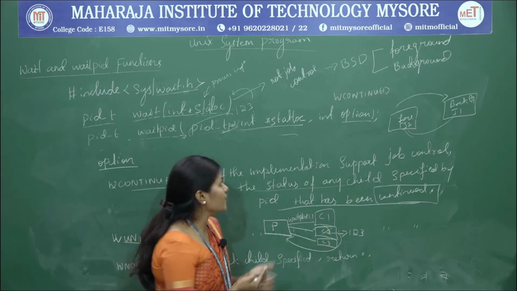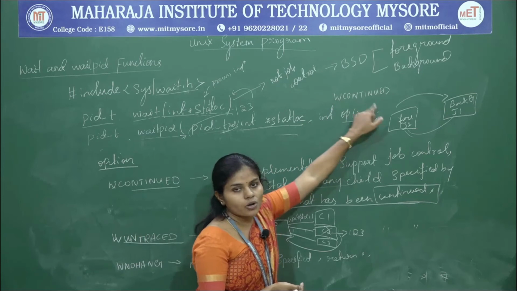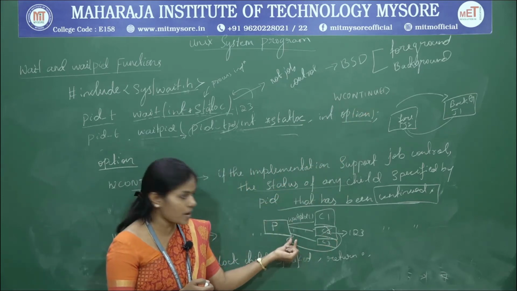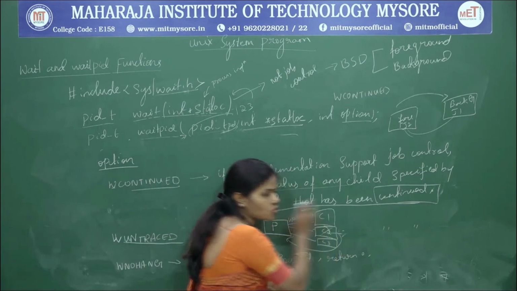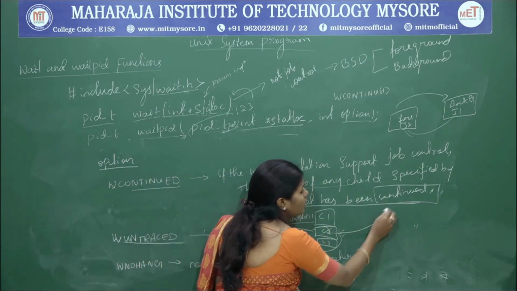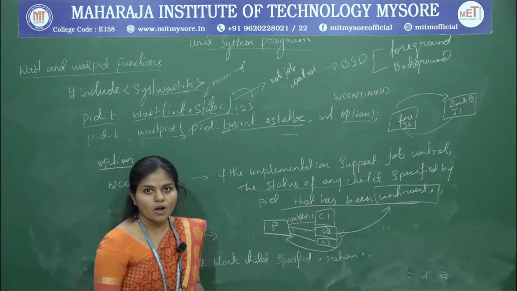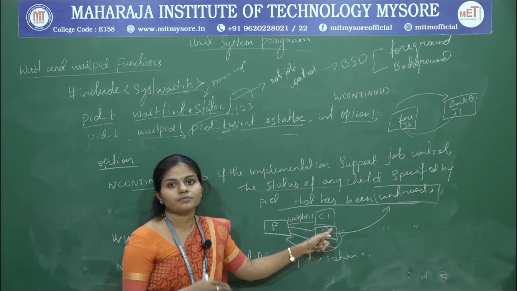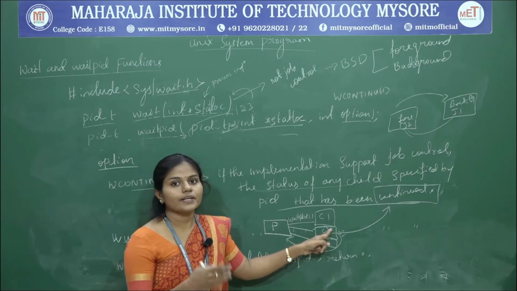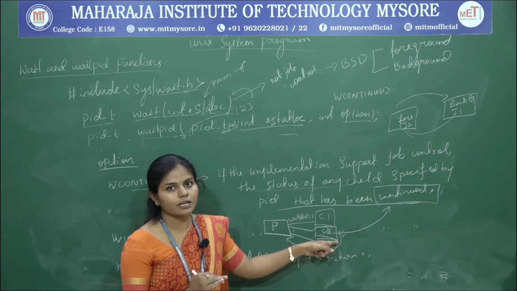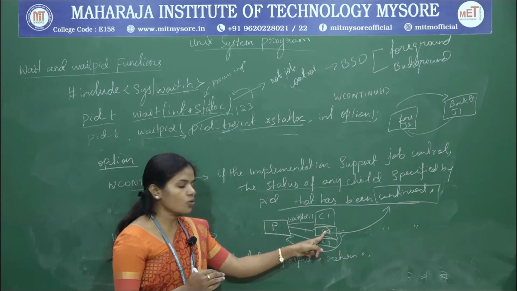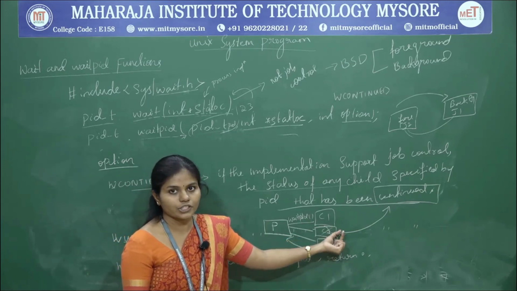When you specify WCONTINUED, then after sending the termination status to the parent, it is not going to be stopped, it is going to continue. So that is what job control is. So now child 2 continues its work after sending the termination status to the parent, right? It is going to execute the other operations.